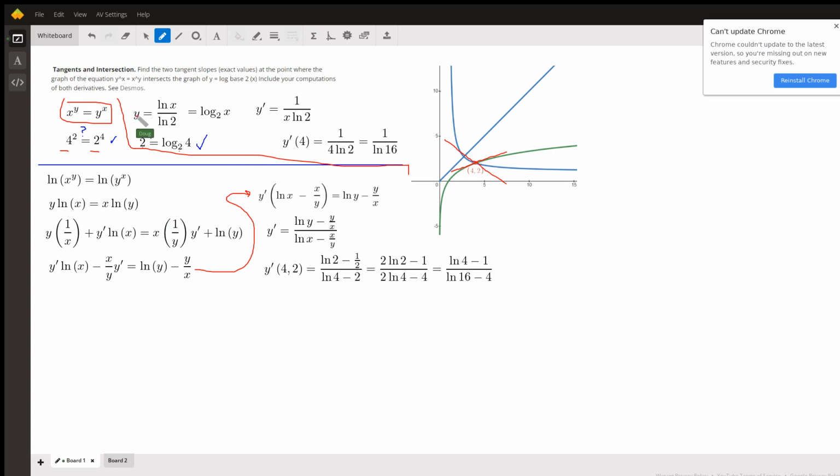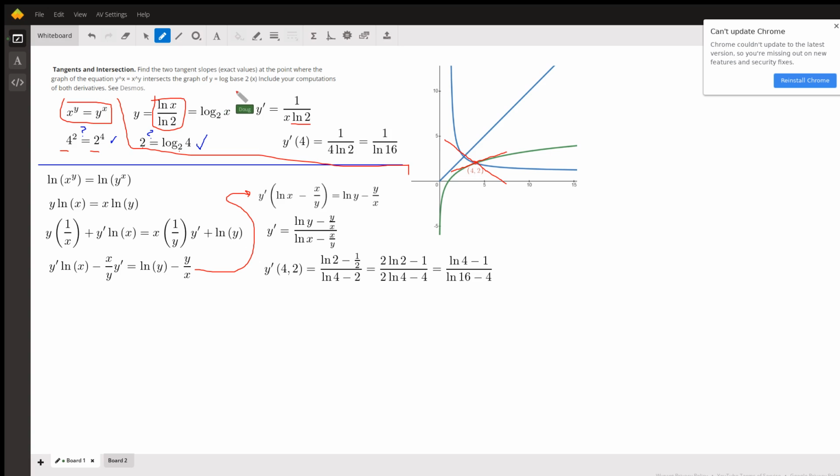So this first function, log of x base 2, is pretty straightforward, a standard derivative formula. To see why that works, or why you need ln of 2 in the denominator, if you use the change of base formula to write it this way, then the derivative becomes apparent.